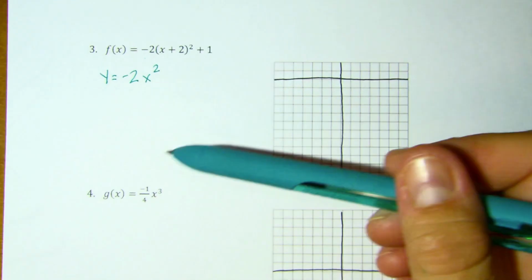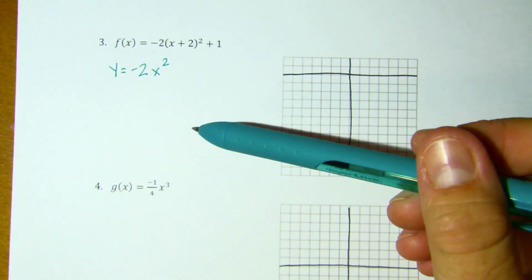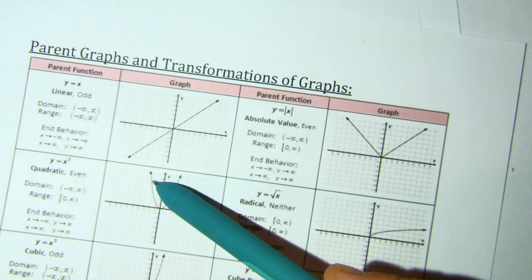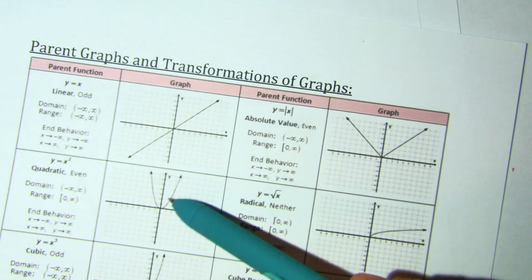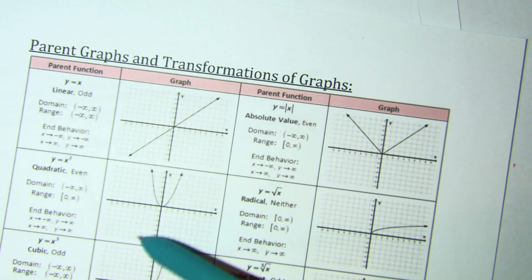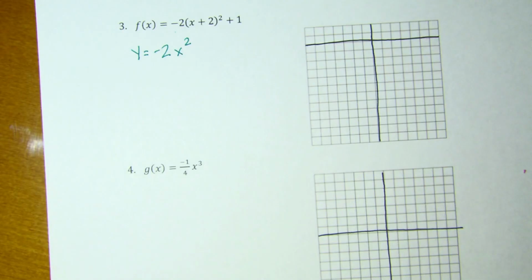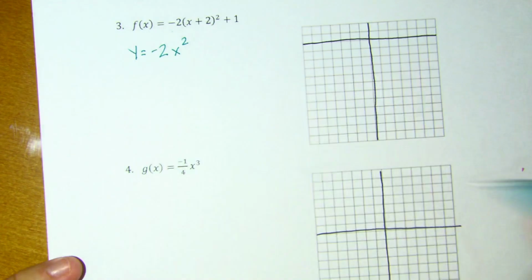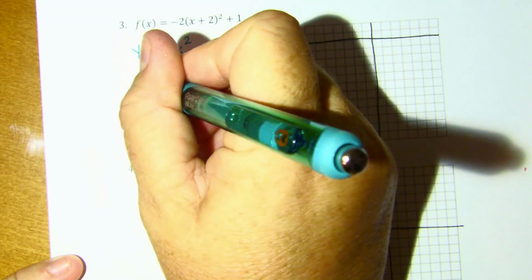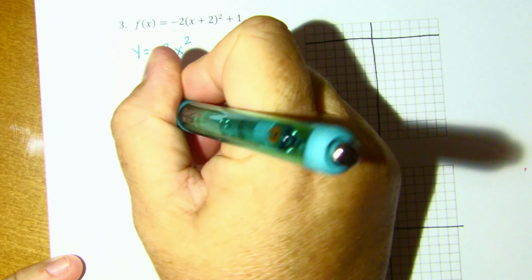So normally the x squared graph, and if we look back at that chart real quick here, the x squared graph goes up like this, but if I multiply by a negative out front, it will go down like this. So if I wanted, I could make a table of points. I could plug in some values, let's say negative 1, 0, 1.